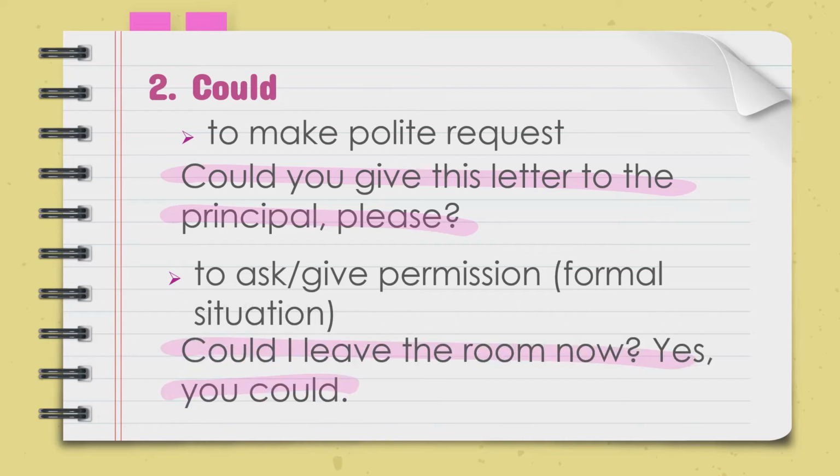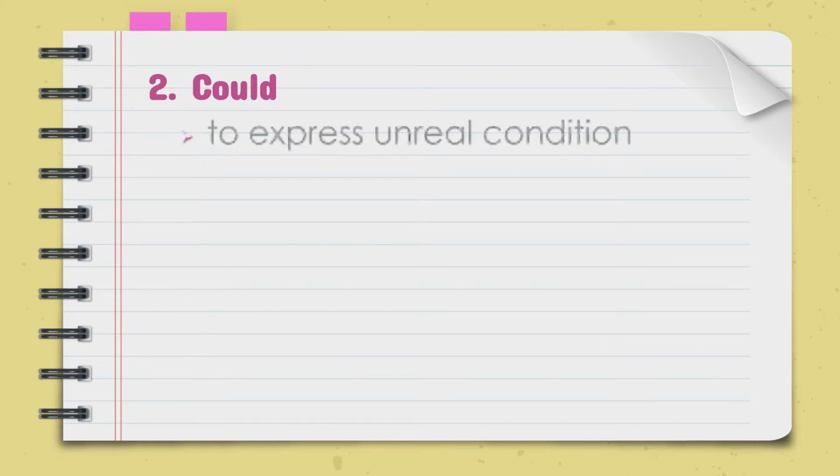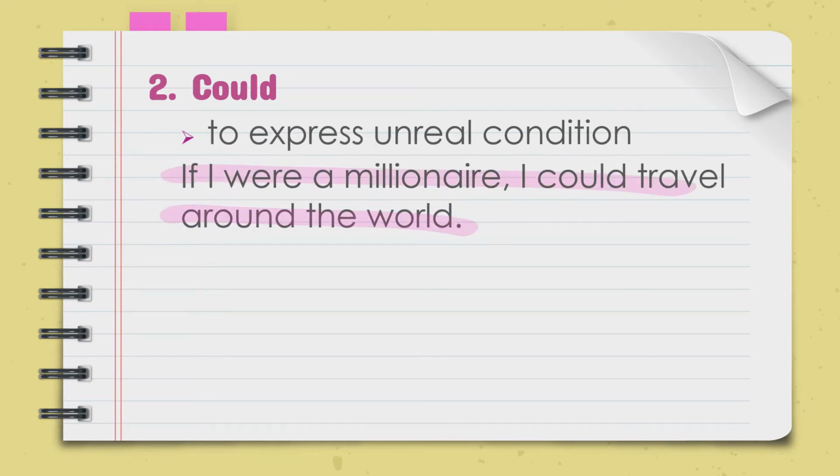For example, could I leave the room now? Yes, you could. Lastly, could is used to express unreal condition, like you are telling the things that you could do in non-existent situations. For example, if I were a millionaire, I could travel around the world.